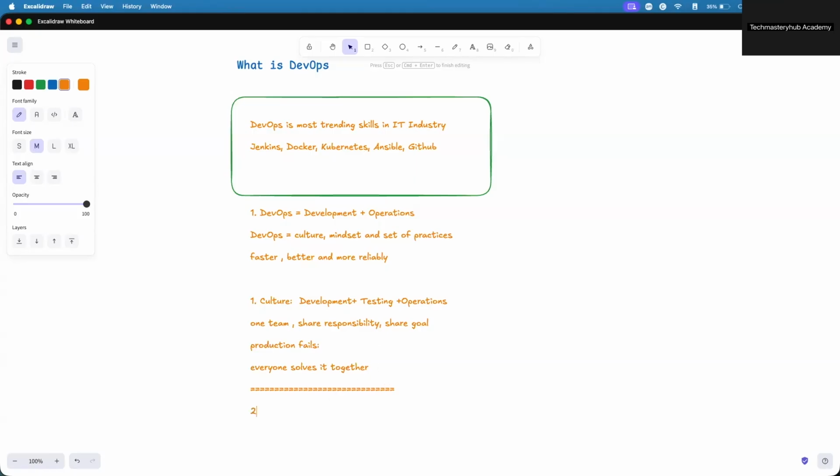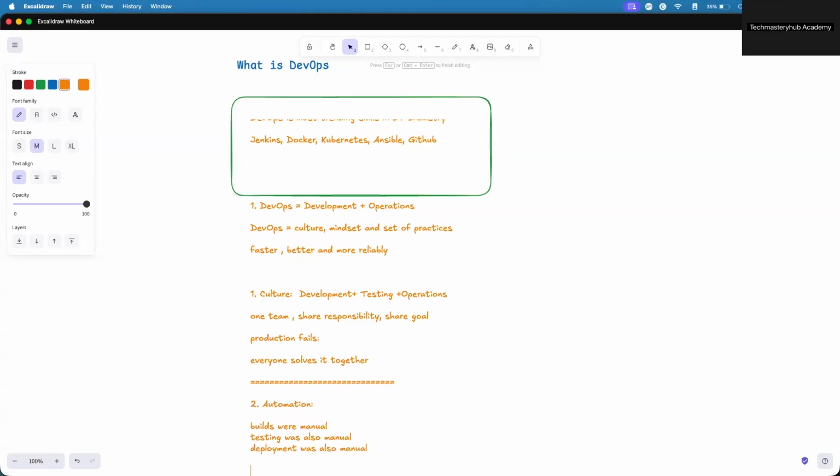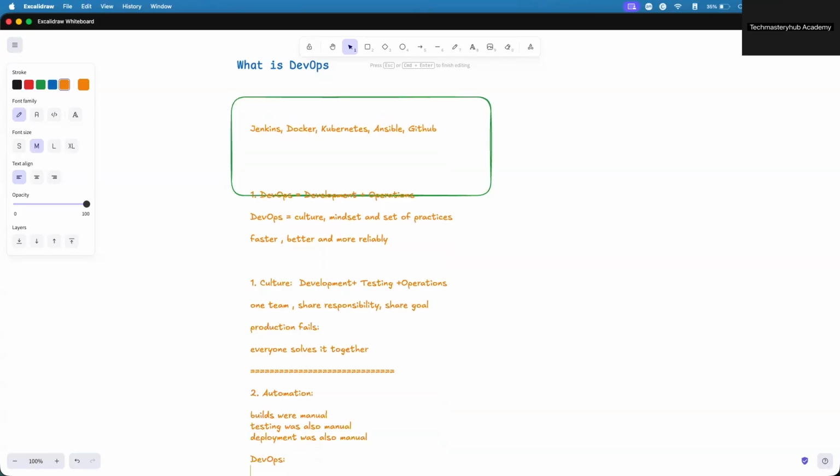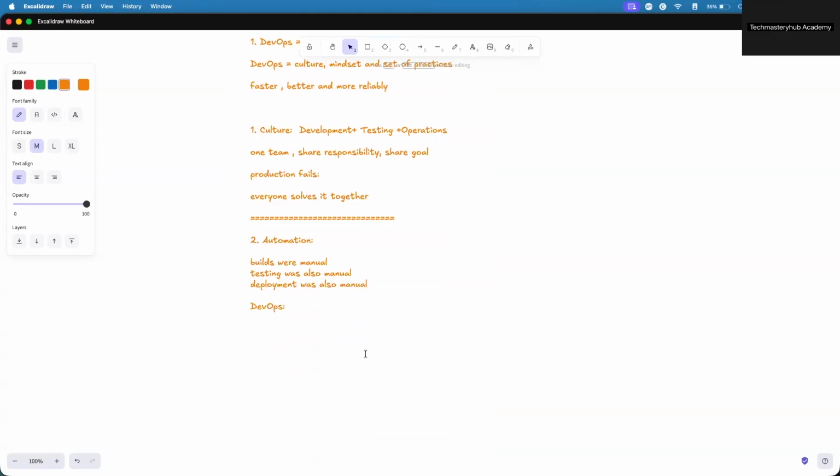Second is automation. So in traditional systems, builds were manual. Testing was also manual, and deployment was also manual. DevOps says automate everything that can be automated.